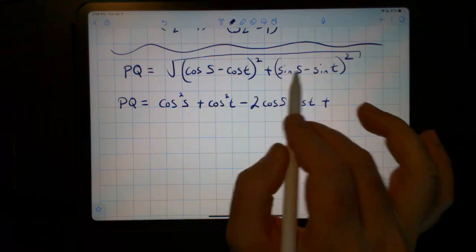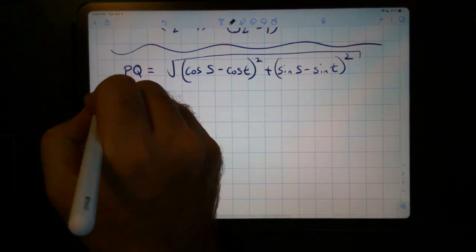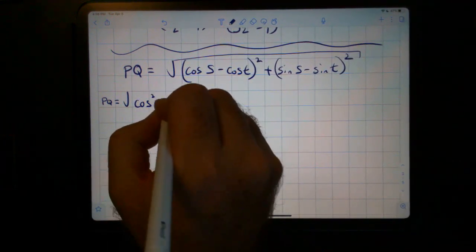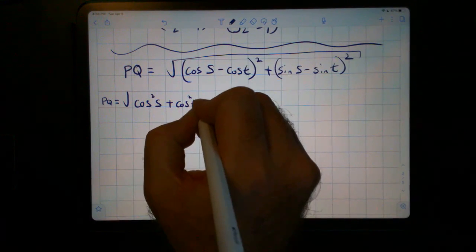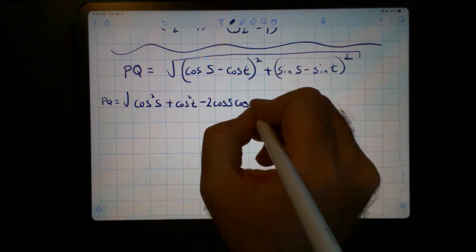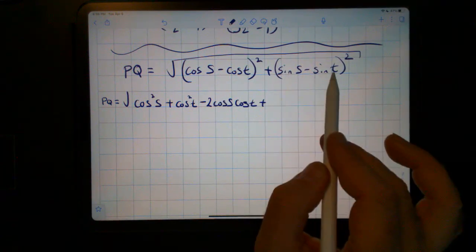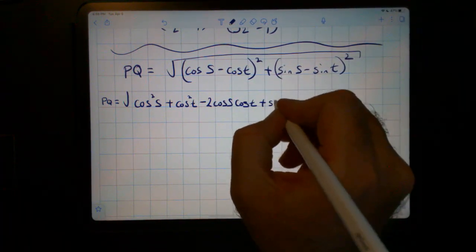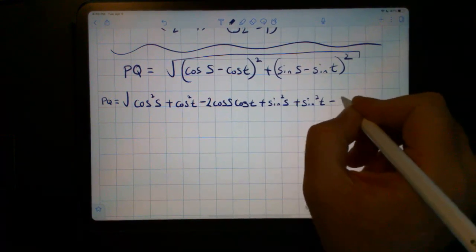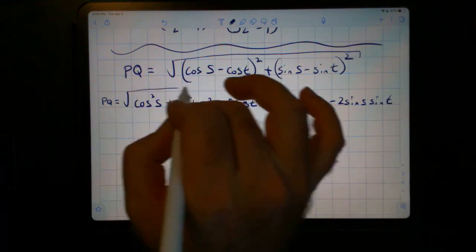And then we're adding this to the sine difference being squared: the square of the first term plus the square of the second term, and then minus 2 times their product. And all of this is being square rooted.